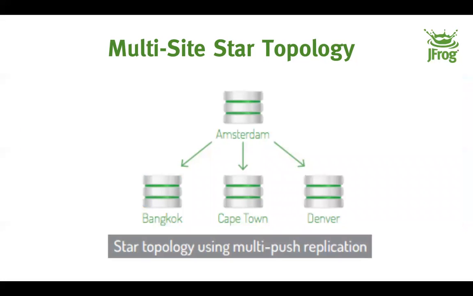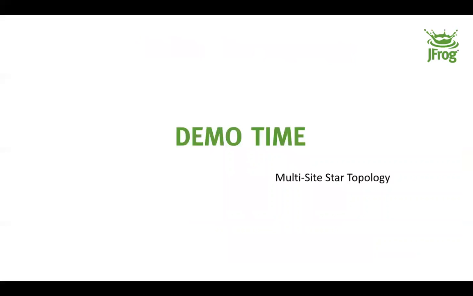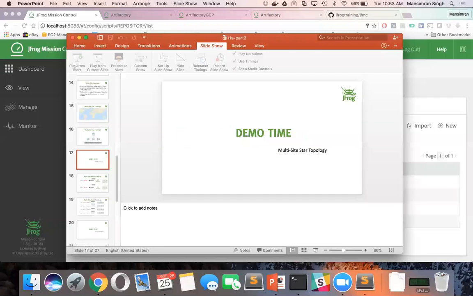This is another example where Amsterdam could be your central Artifactory and your central development center. You can push all the artifacts to the other locations. Now let's go through the demo and see how this works.